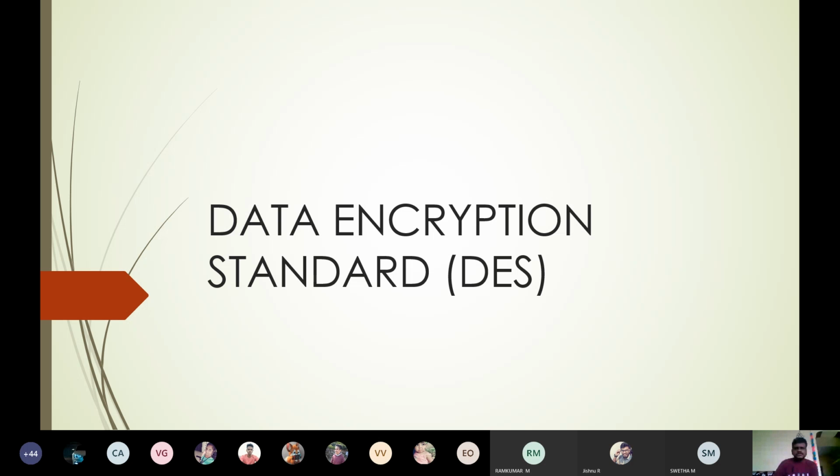Data encryption is an important algorithm in your second unit, right? So what do you mean by that?